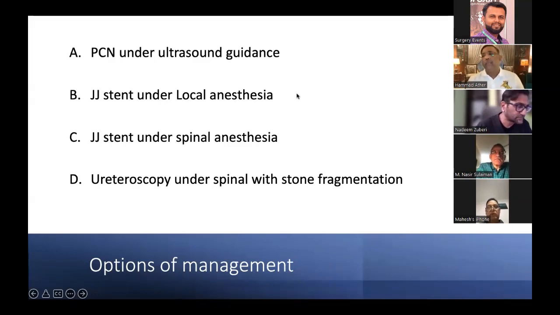So Nadeem, what would be your advice to the treating urologist in a situation like this, when you have a 24-year-old primigravida, 27 weeks pregnant? She is in a relatively safer period of the second trimester now. Yeah. So if I see such a patient, the first thing would be to increase the hydration.